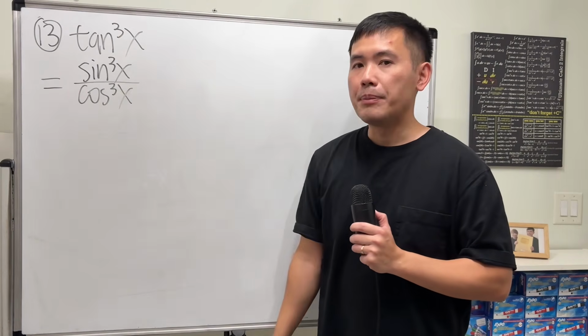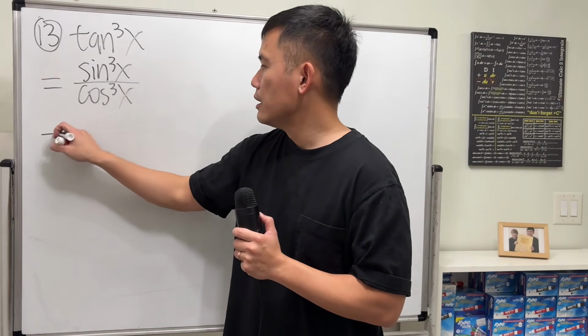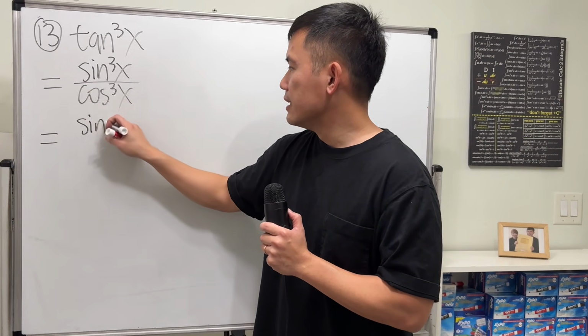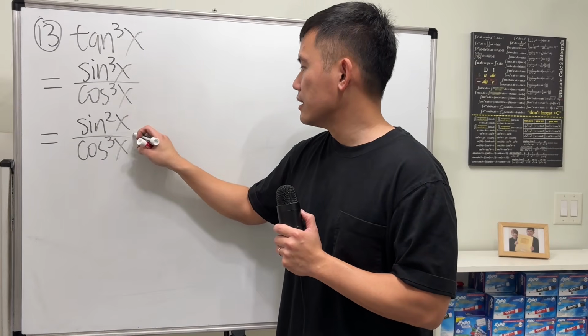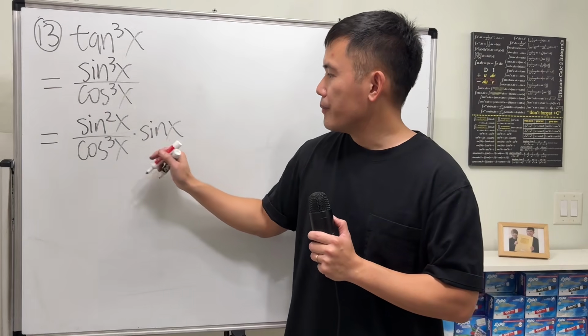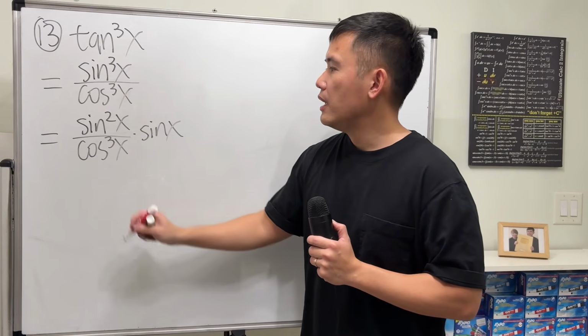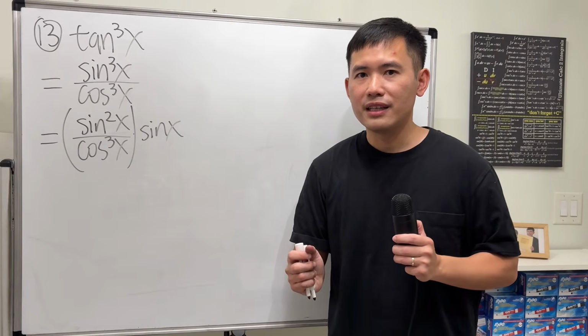They both have an odd power. Go with the one on the top. Take out one of the sine factors. So we get sine square x over cosine to the third power x, and then right here times the sine x right here. Now, because we have the sine x factor, can we write this part in terms of cosine?